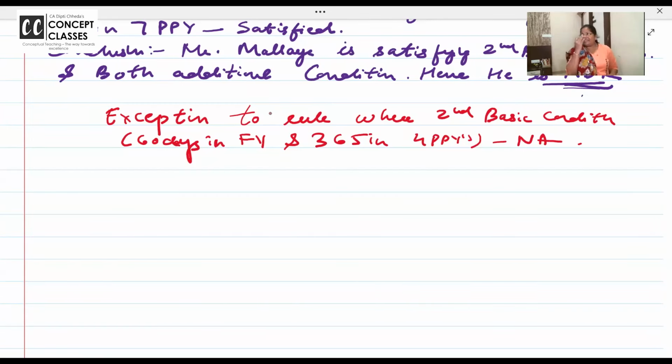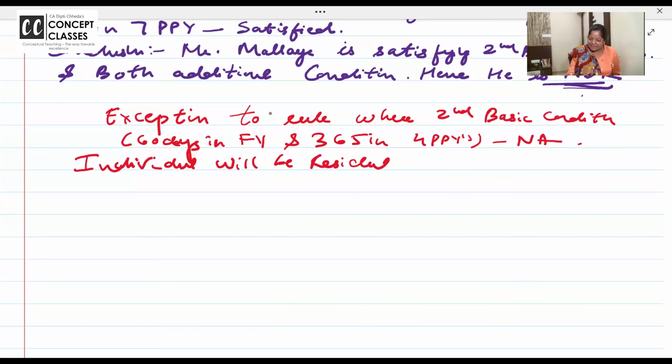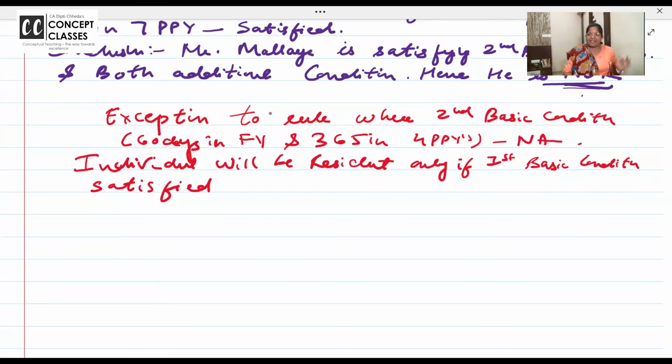Exception to the rule where the second basic condition is not applicable. An individual will be resident only if the first basic condition is satisfied. An individual will be resident if only the first basic condition is satisfied.